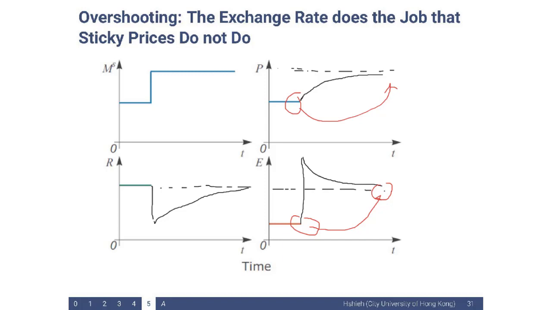We can characterize this in a timeline by drawing a sudden spike, and then gradually approaching its long-run levels. So in the end, going from here to here is precisely what's going on from here to here, but because of sticky prices, we get this spike here.